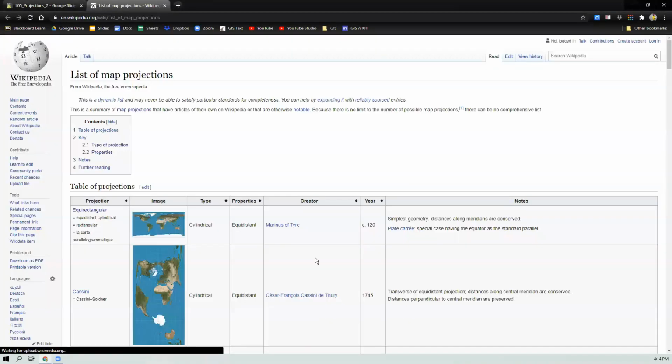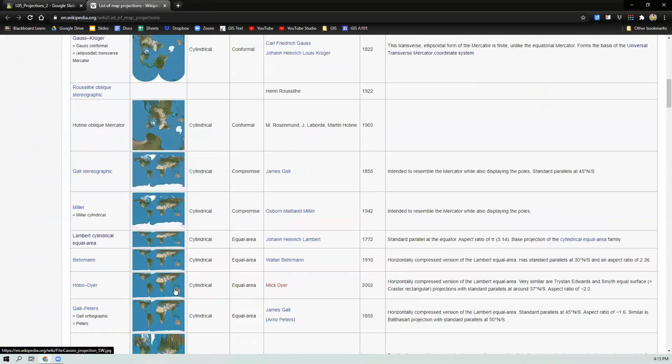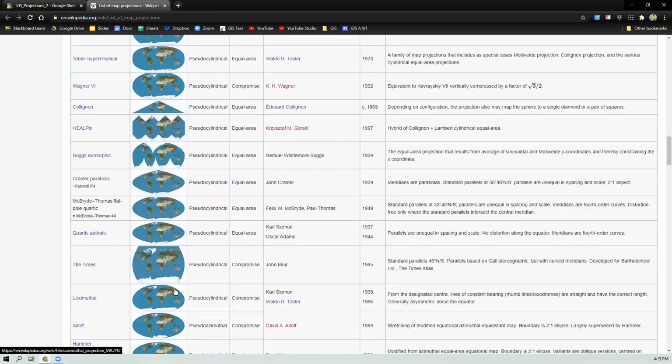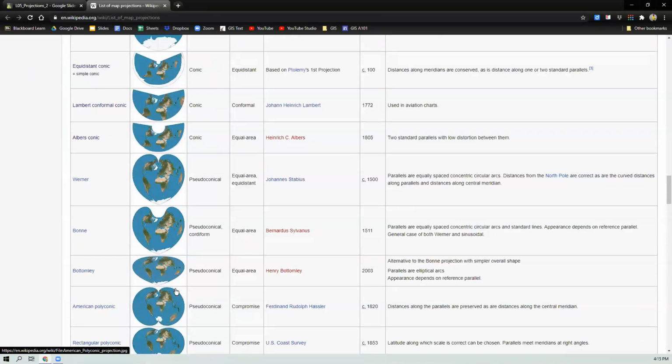I also heavily drew on the imagery in Wikipedia. There have been a couple of people that have developed a lot of really consistent representation of different projection models that makes it easy to visualize what's happening there. Some of these are really strange, and you're very seldom going to be working with an entire map that looks like this, but you might be working with one little chunk of that map.